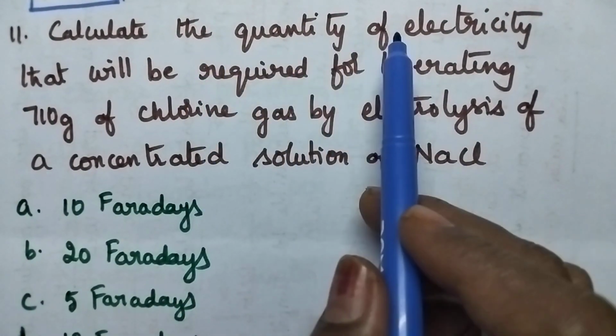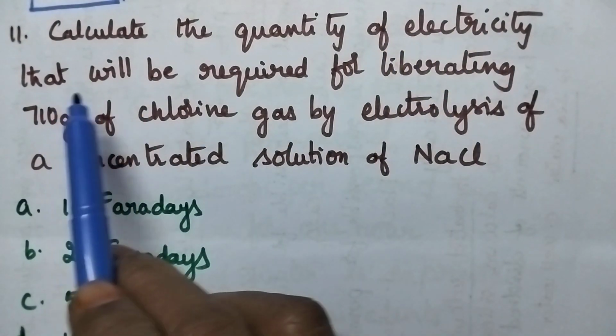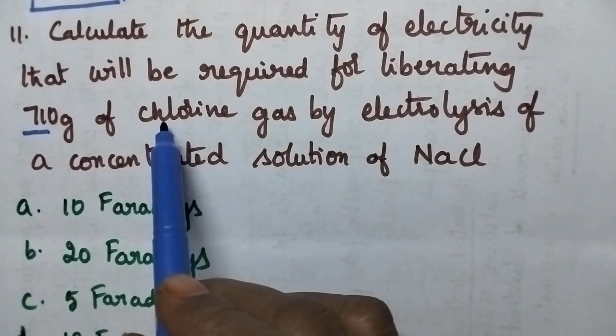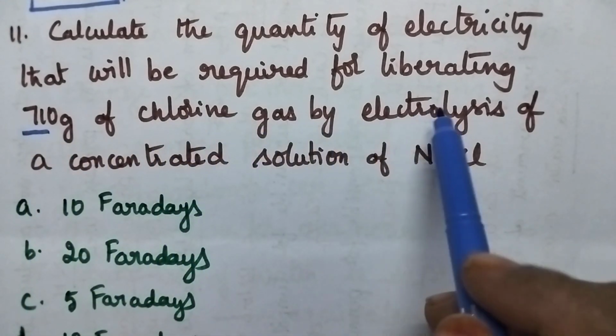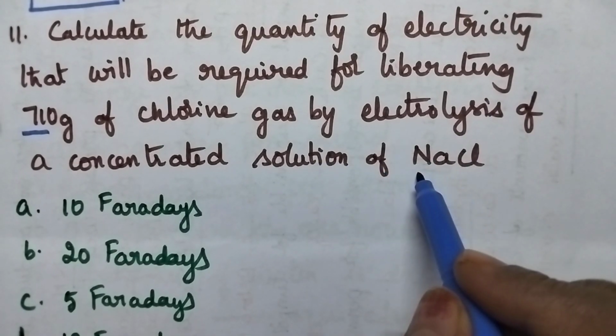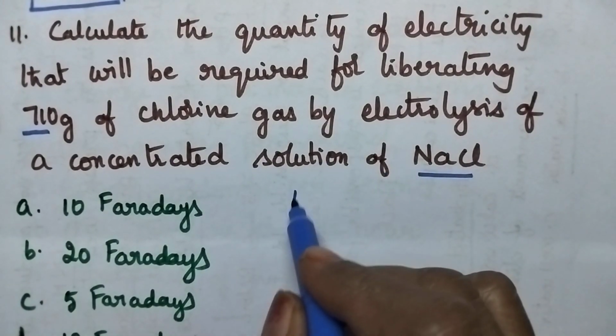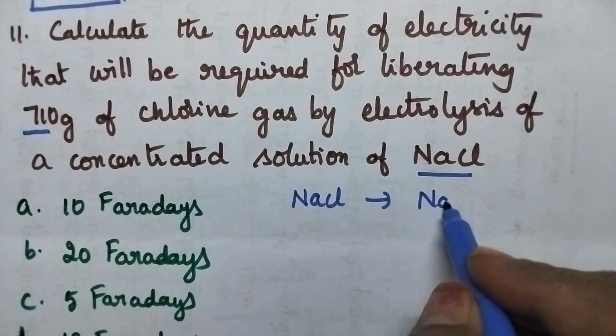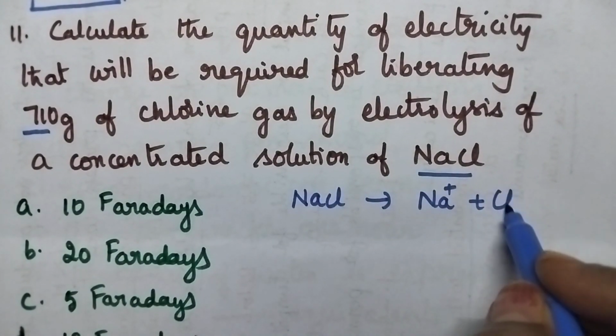Calculate the quantity of electricity that will be required for liberating 710 grams of chlorine gas by the electrolysis of concentrated solution of NaCl. NaCl is a strong electrolyte and it dissociates into Na+ and Cl-.